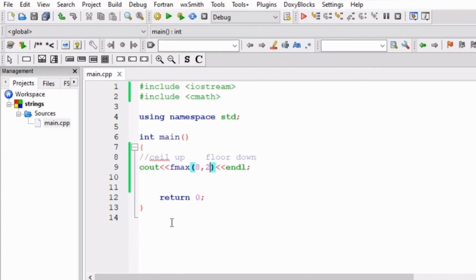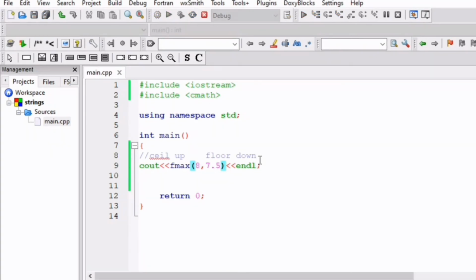Let's change this. Let's find the maximum number between 8 and a smaller number, let's say 7.5. Yes, we are using double, which deals with decimals, but it doesn't mean it rounds the numbers and treats them the same. You have a max and a min. So the max is 8 and the min is 7.5.